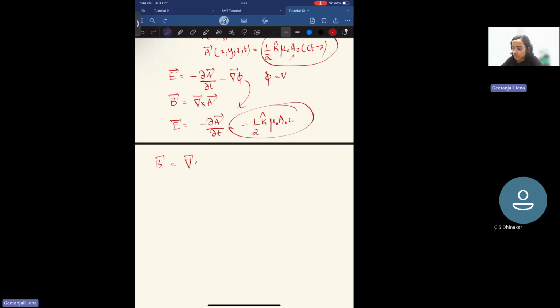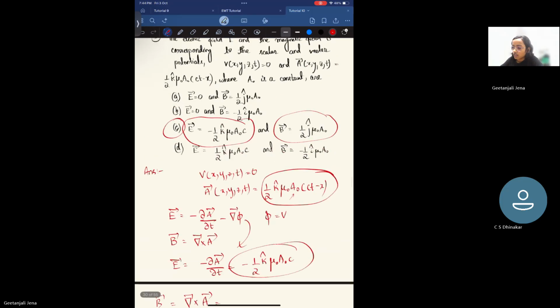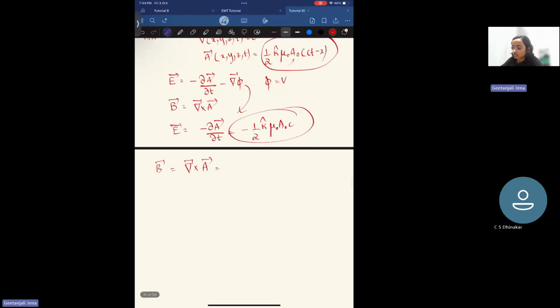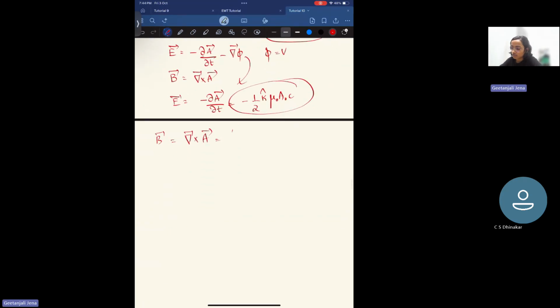B is curl of A. A is given, it is in the z direction, so only Az is non-zero. Taking the determinant with x, y, z unit vectors, dou x, dou y, dou z, and 0, 0, Az.